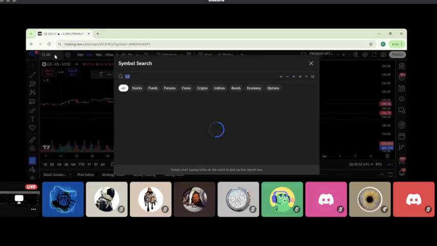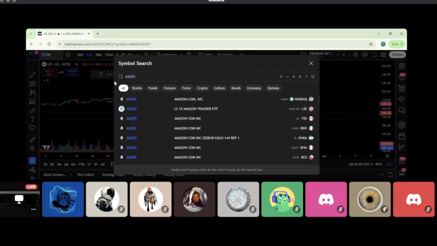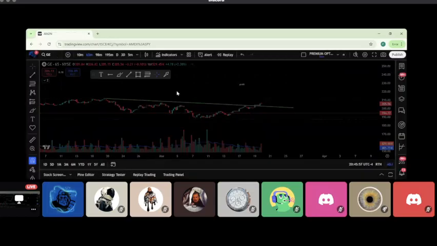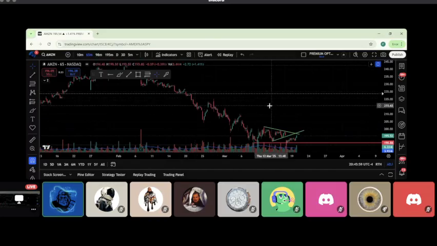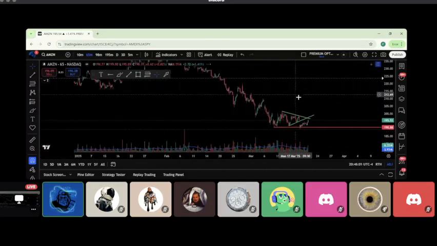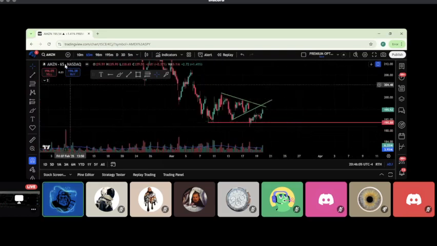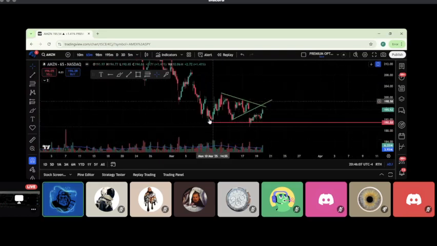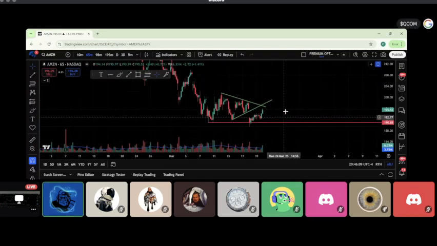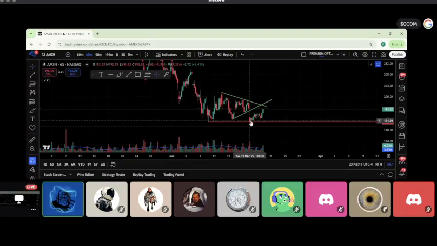What's going on here? All right. Oh yeah, we talked about this. The other day we said if it breaks a low and then it closes back above, it's probably going to push up. Today's Wednesday, right?